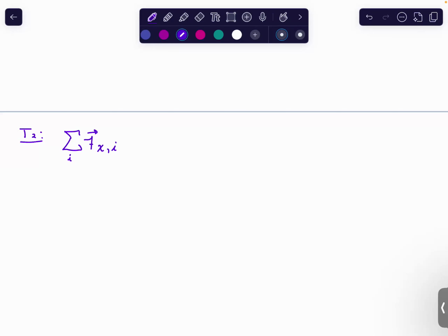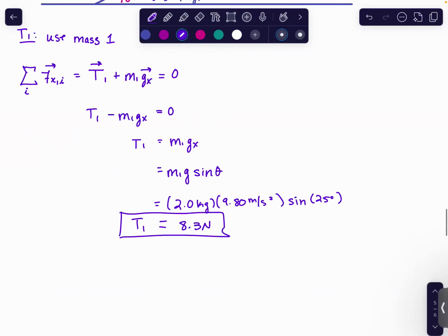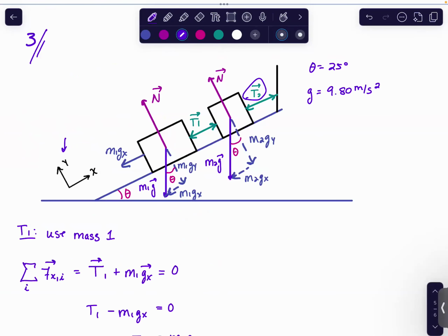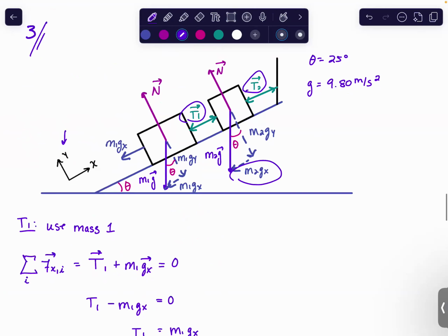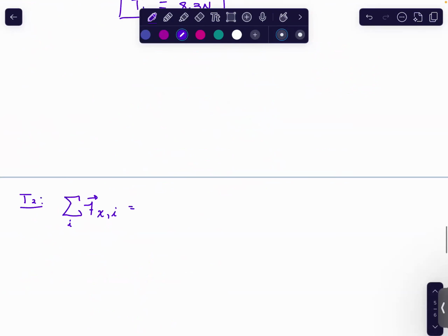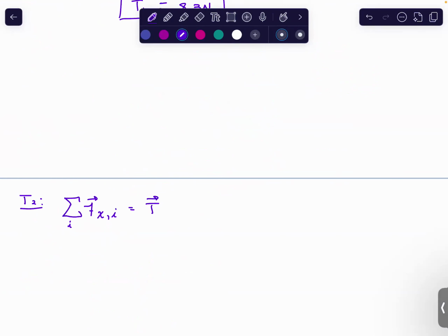So we're summing together our x components. Okay, so what do we have? We have tension 1, we have tension 2, and then we have the x component of the gravitational force, and that equals 0.